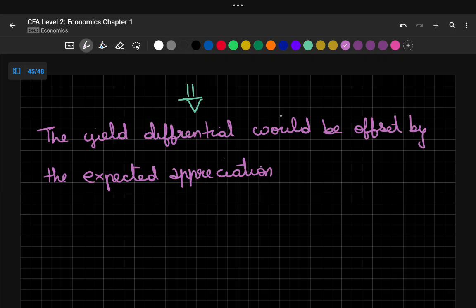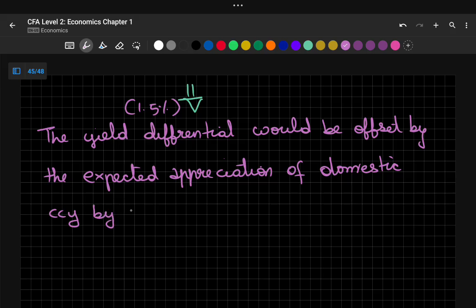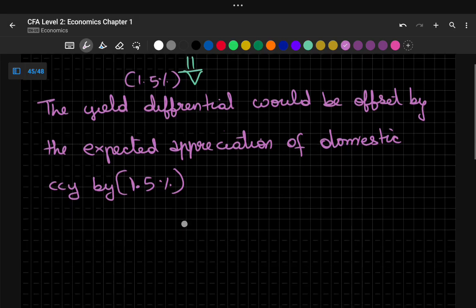The yield differential, that is 1.5%, would be offset by the expected appreciation of domestic currency. In our case, the yield differential of 1.5% would be offset by the expected appreciation of domestic currency by 1.5%. So that's why the risk neutral investor would be indifferent.